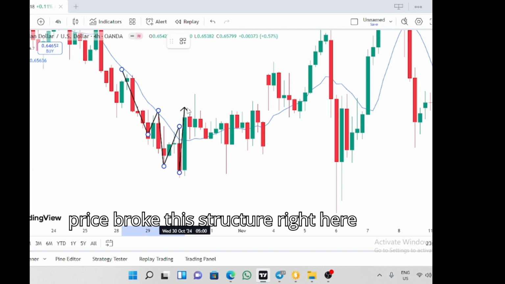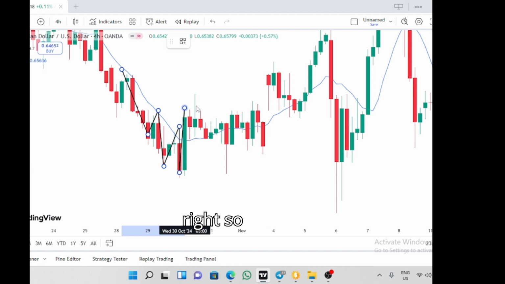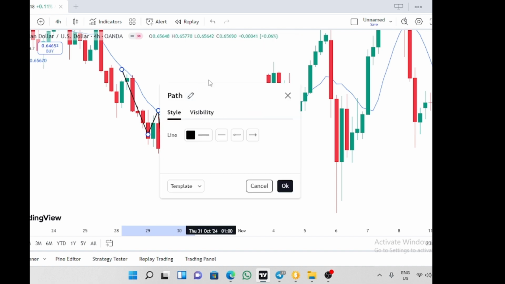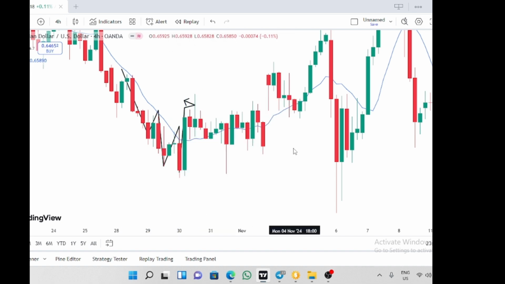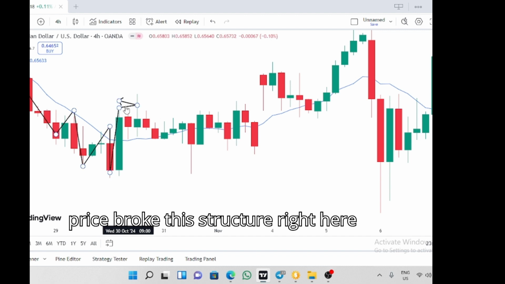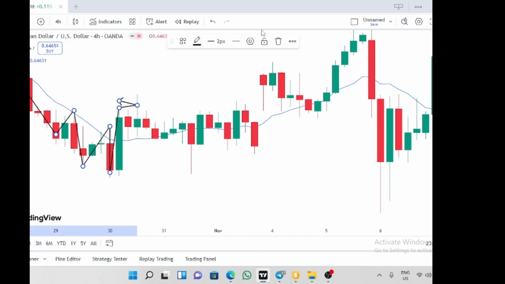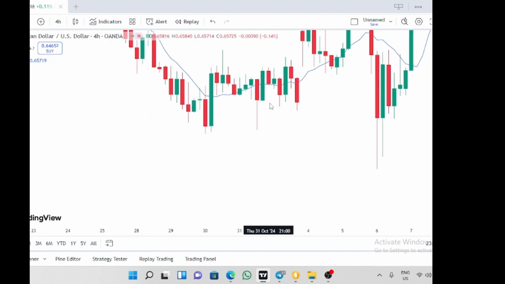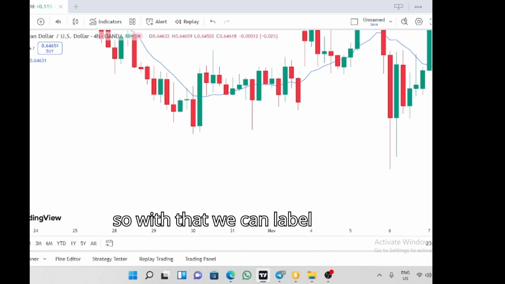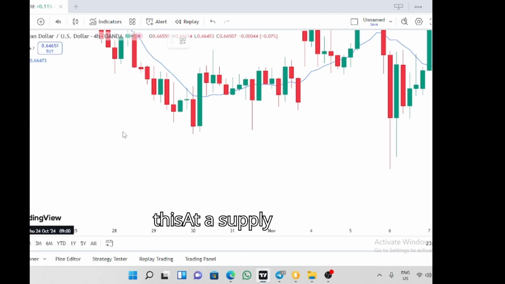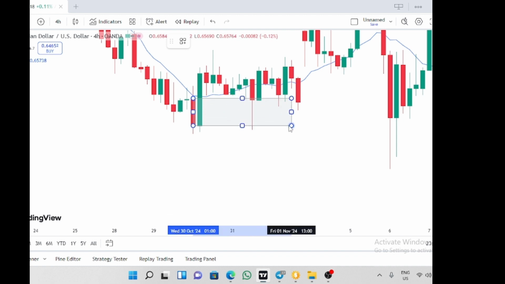Price broke this structure right there. So with that, we can label this as a supply zone, right?